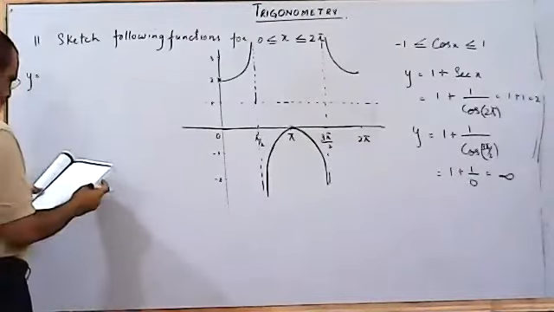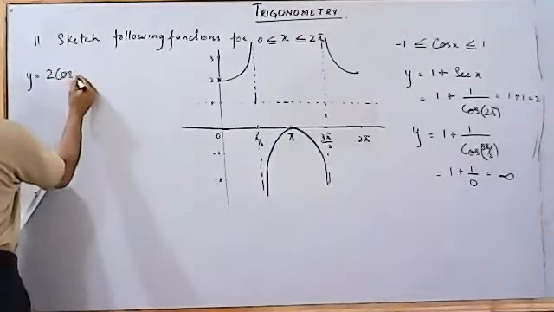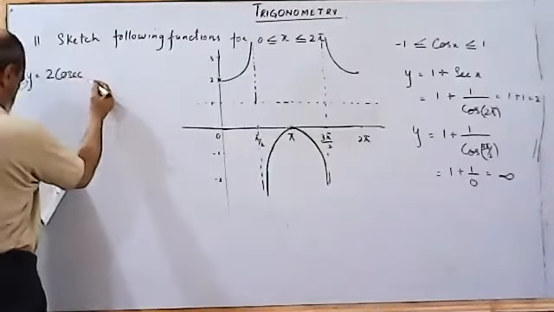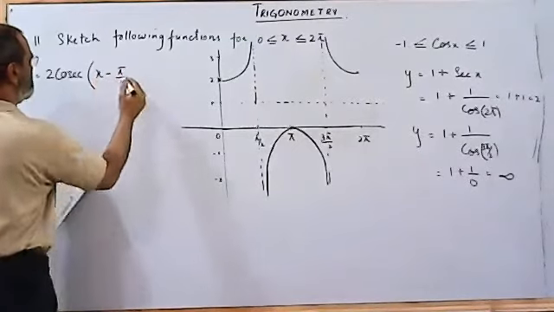Y is equal to 2 cosecant x minus pi by 2.